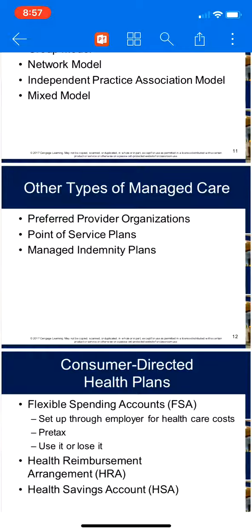Although the patient is not limited to a certain list of providers, there is a strong financial incentive to choose providers that are included in the PPO. The success of a PPO depends on the organization's ability to maintain an extensive provider network. And an example of a PPO model that exists in many states is the Blue Cross Blue Shield plan.